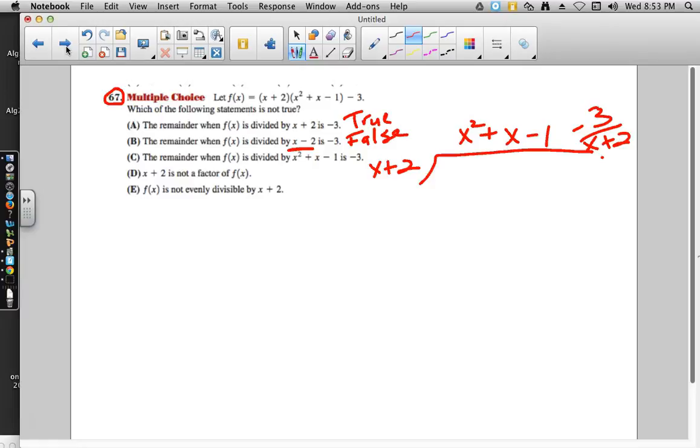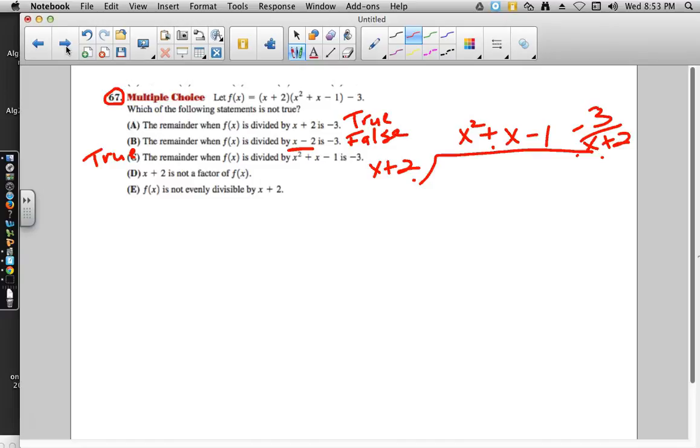C says the remainder when f of x is divided by x squared plus x minus 1 is negative 3. Well, yeah, because it doesn't matter if this is your divisor or this is your divisor, you still are going to have this remainder. So this one is also true for C. D says x plus 2 is not a factor of f of x. Well, no, it had a remainder.